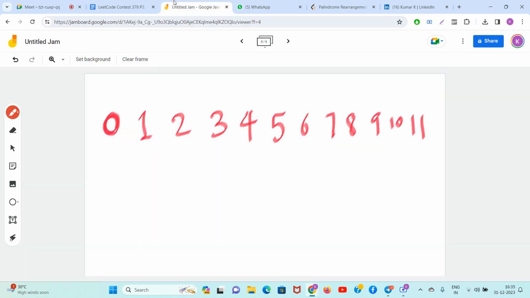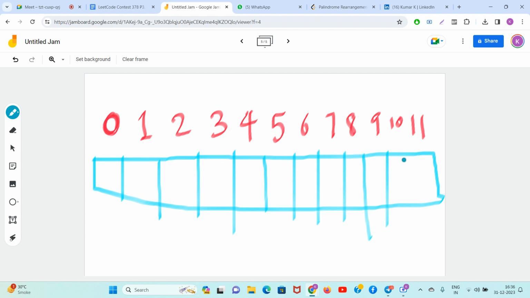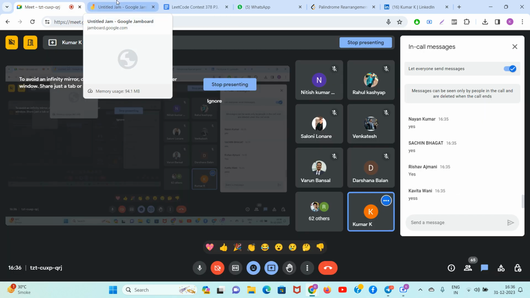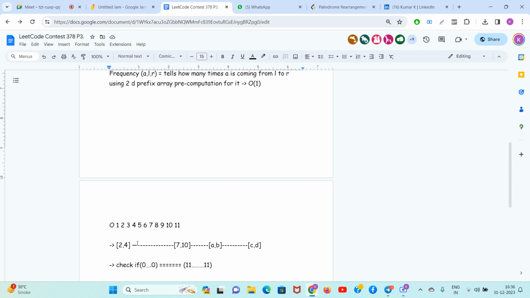I am not writing the actual characters. I don't care about them. I only care about the index. Everyone can visualize this? Good. Let's say the two ranges given to us are 2 to 4 and 7 to 10.